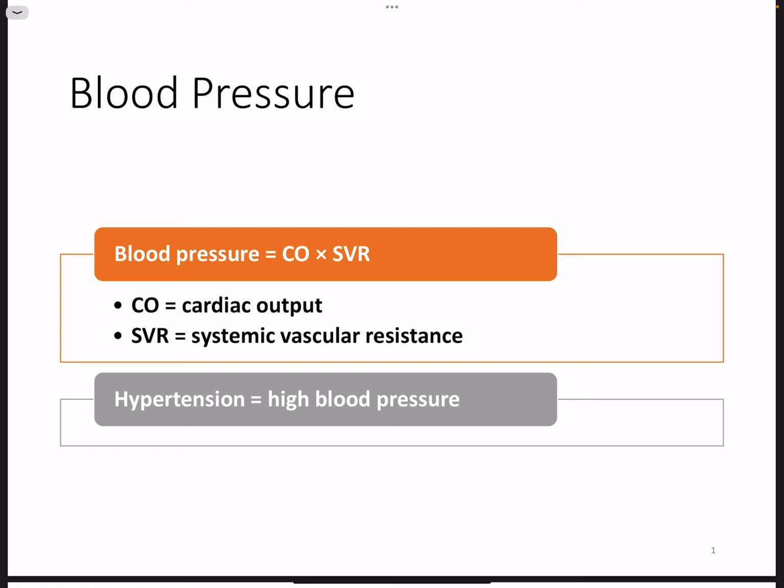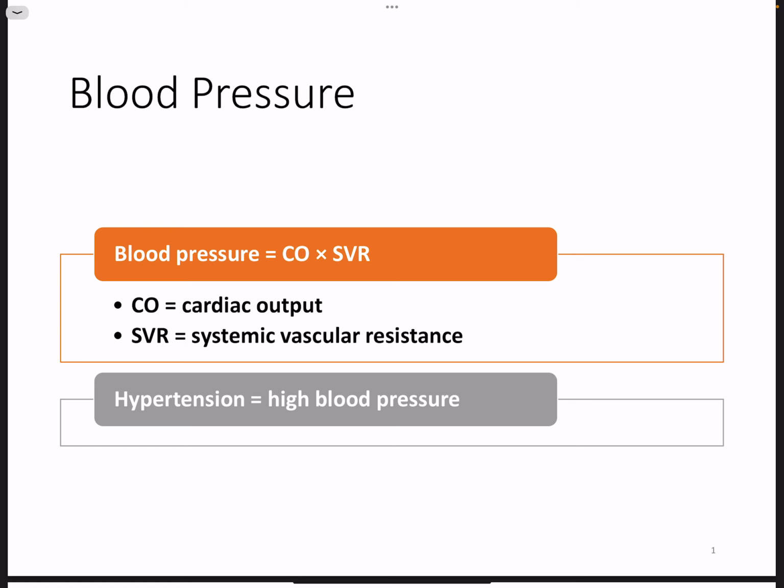So the upper value is called systolic, and the lower value is called diastolic. Systolic because this is the contraction of the heart. Which chambers?